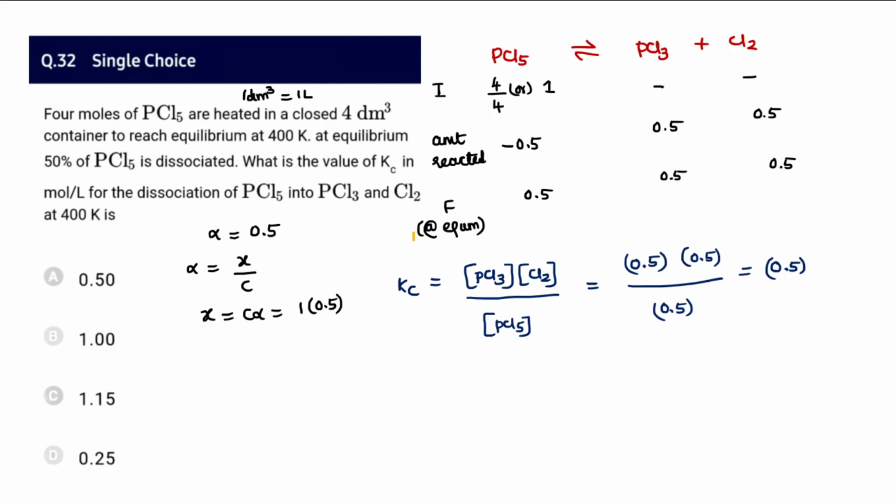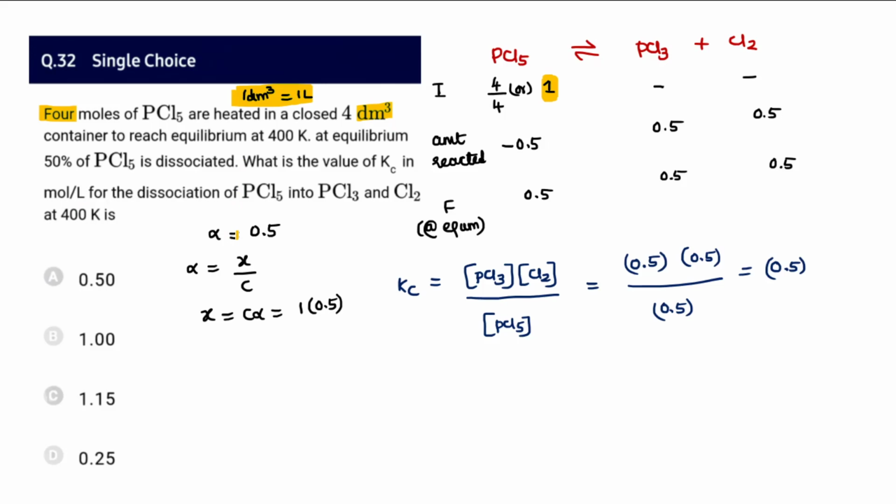And 32, 4 moles of PCl5 are heated in 4 decimeter cube. 1 decimeter cube is 1 liter, so therefore it can be assumed as 4 liters. So the initial concentration is 4 by 4, because 4 moles in 4 liters, so 1 mole per liter. What is the amount reacted?